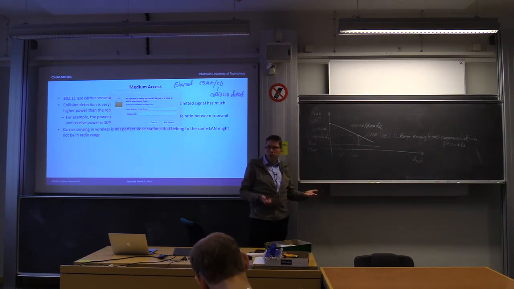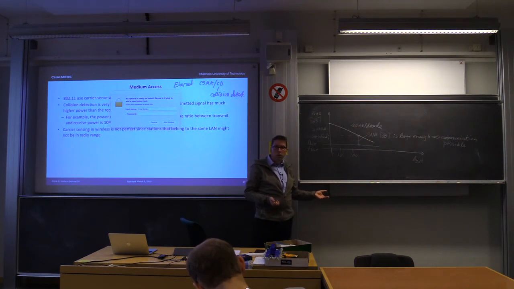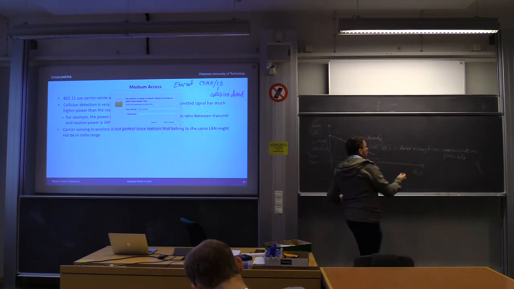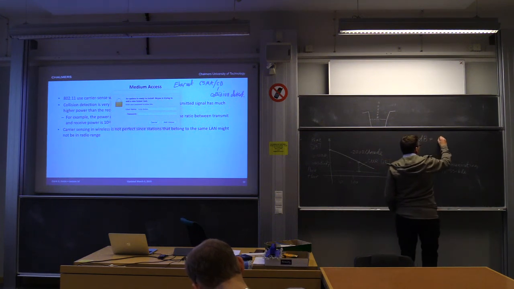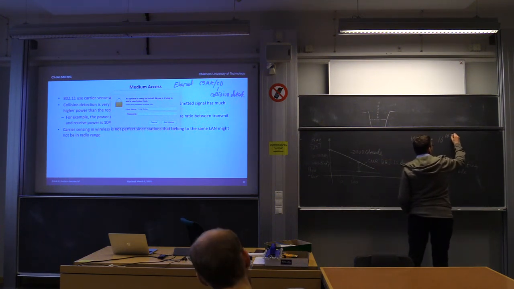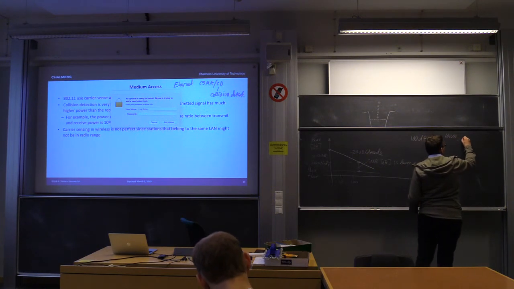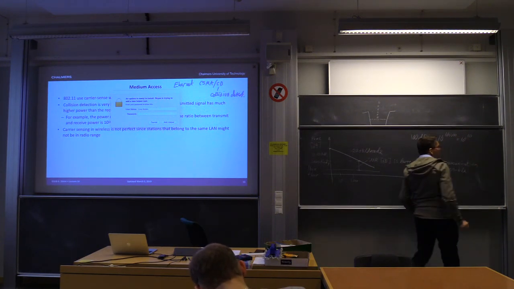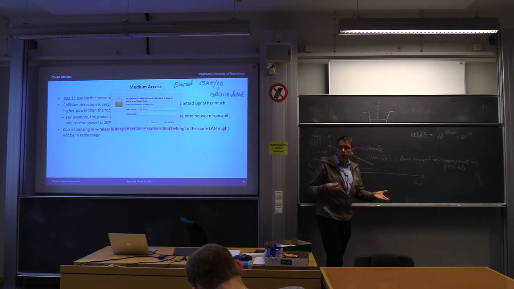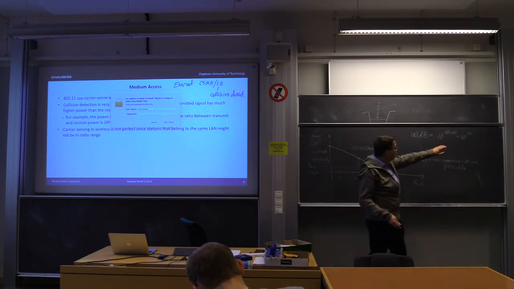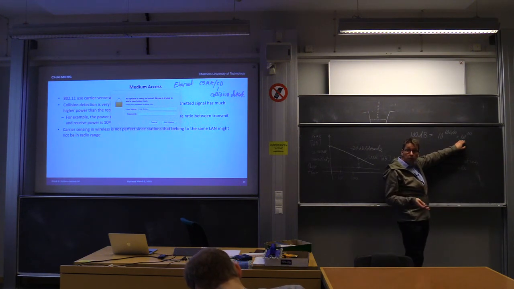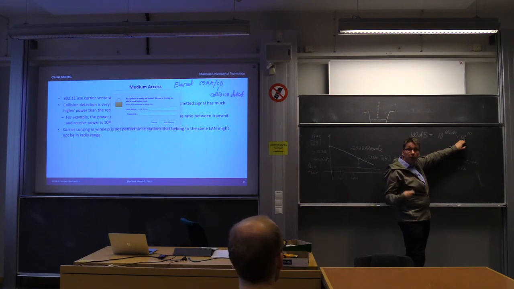Is 100 dB a lot? Yes, it's a lot. 100 dB corresponds to 10 to the power of 100 divided by 10, or 10 to the 10. So it's a factor of 10 billion between transmit power and minimum receive power.